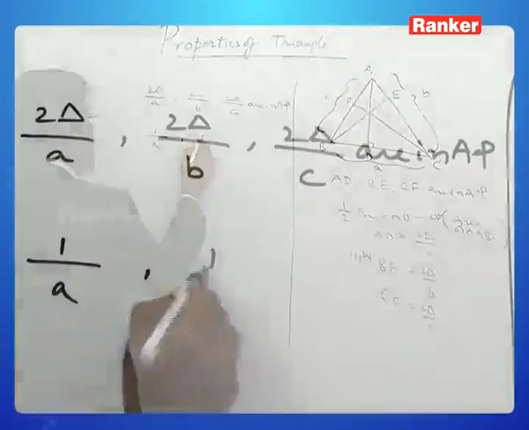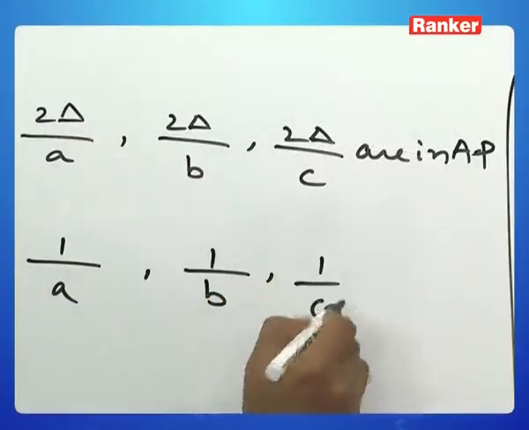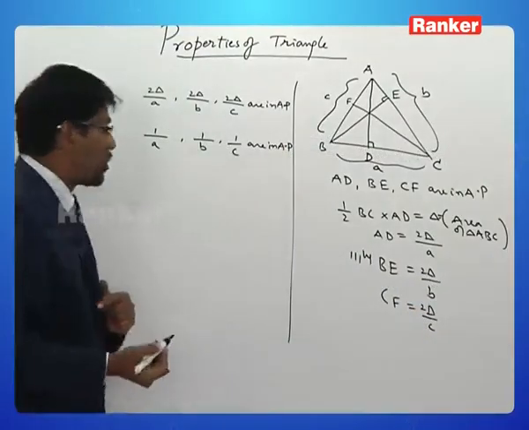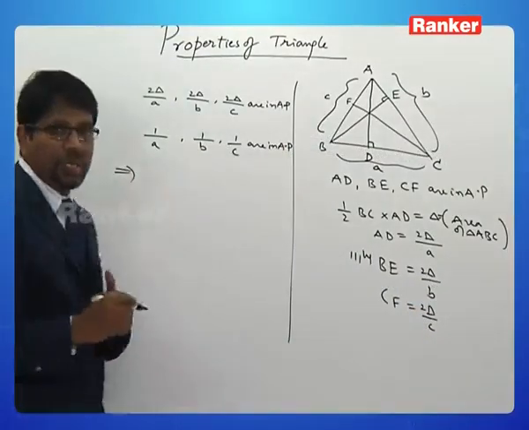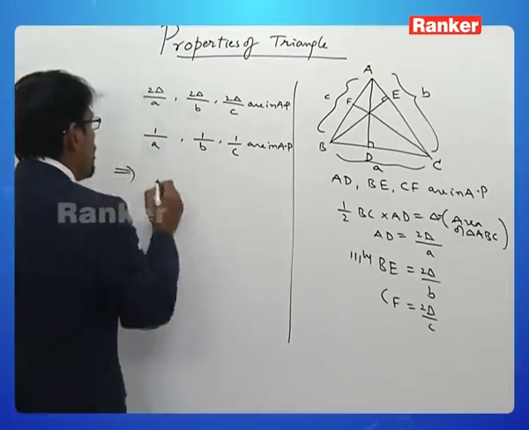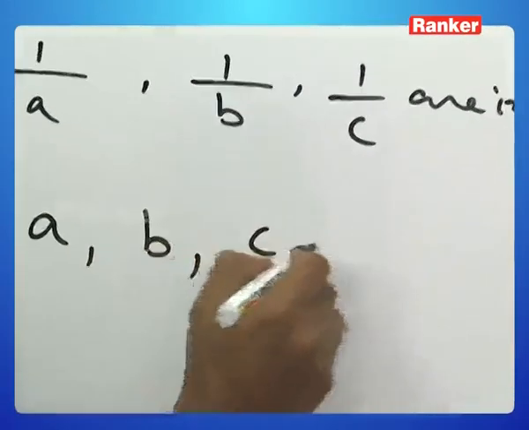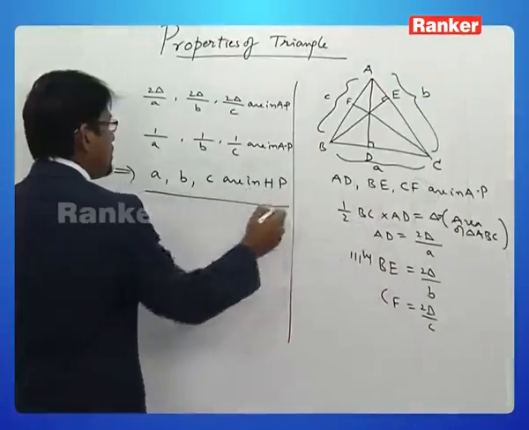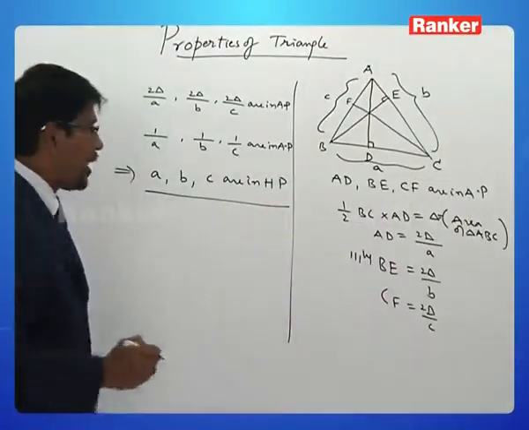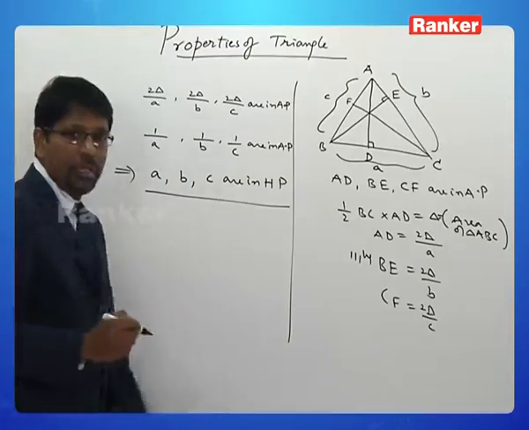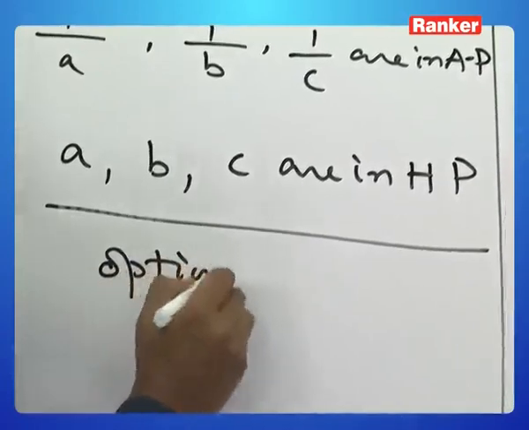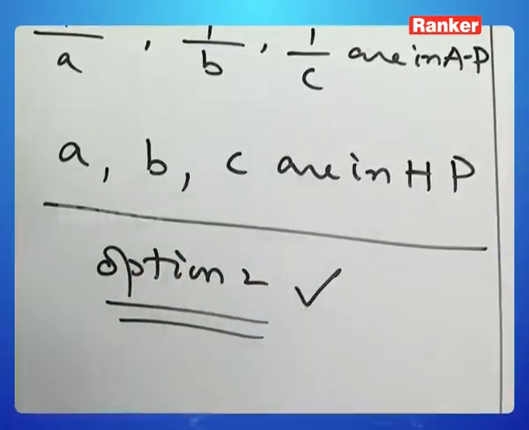So 1 by a, 1 by b, 1 by c are in AP. So from here we can infer that a, b, c are in harmonic progression, HP. So the sides are in harmonic progression, and clearly option 2 is the right answer.